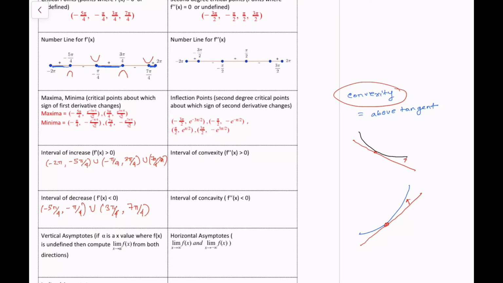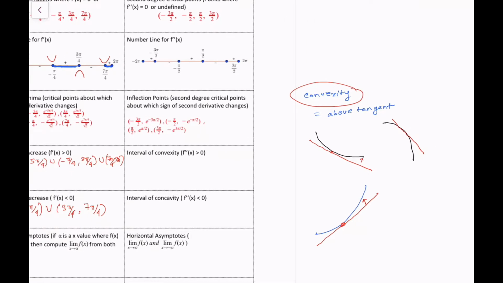So concavity would be exactly the opposite. It would be below tangent situations. For example, this. There is a very nice discussion in Hilbert's Geometry and Imagination on this kind of stuff. So you can look into it, of course.